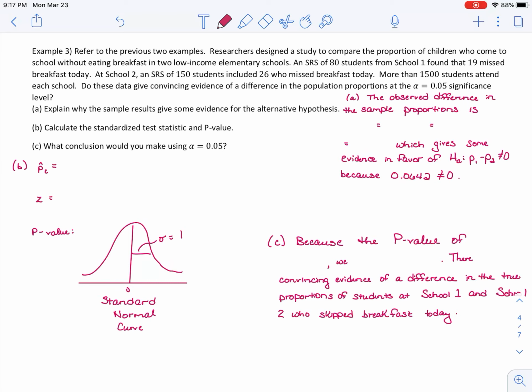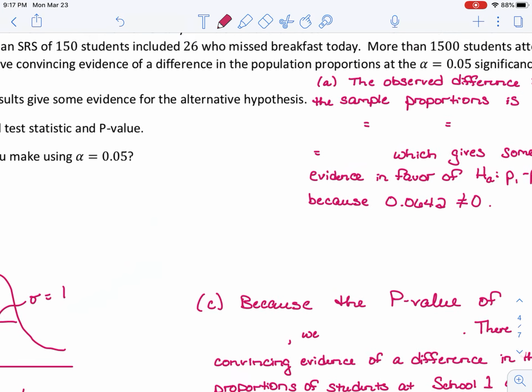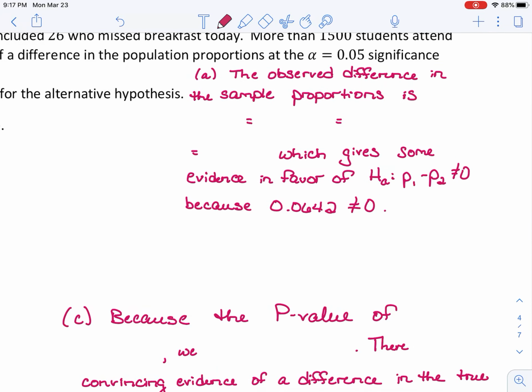So the observed difference in the sample proportions means when I actually subtract the two sample proportions we got. When I take p hat sub 1 minus p hat sub 2, we would be doing 19 out of 80, that's the proportion from the first school, minus the 26 out of 150, the proportion at the second school.